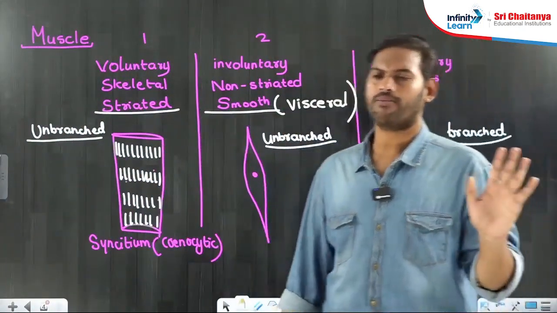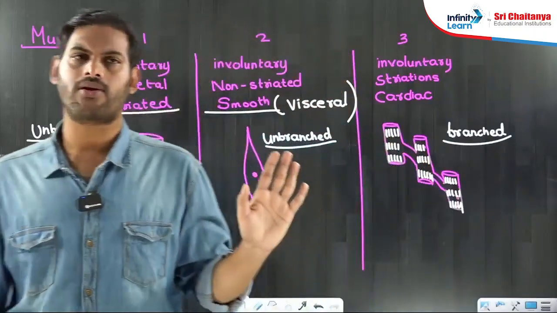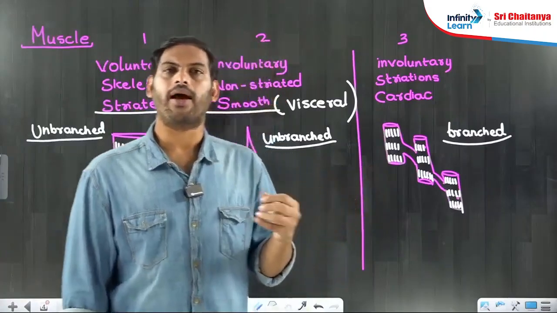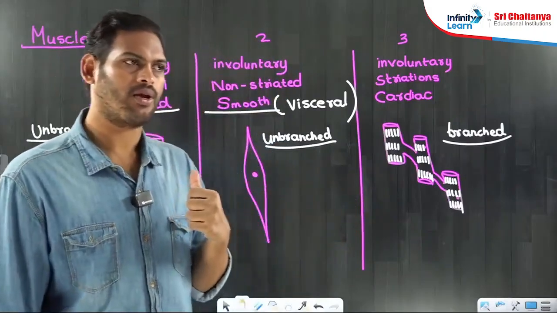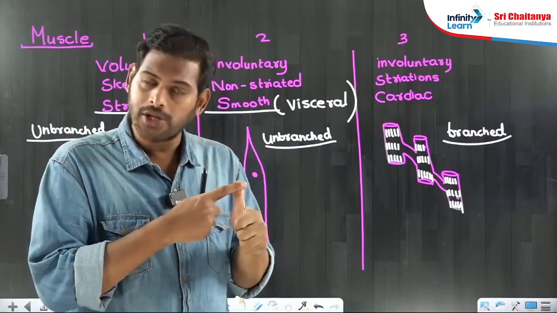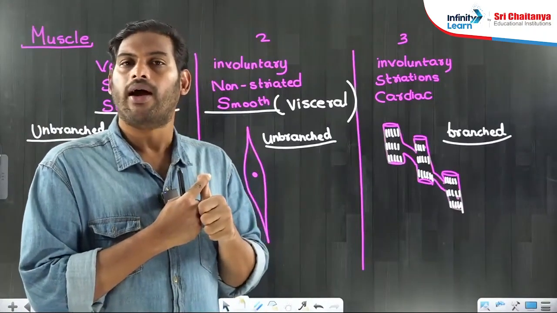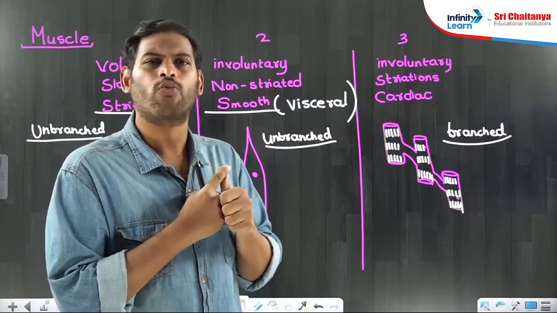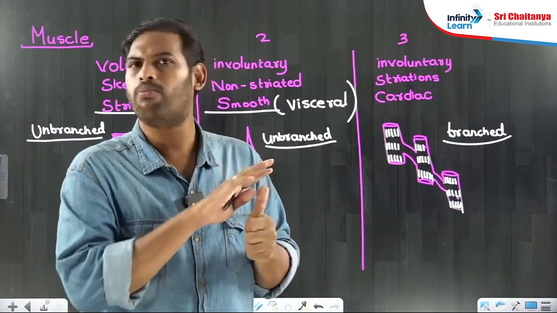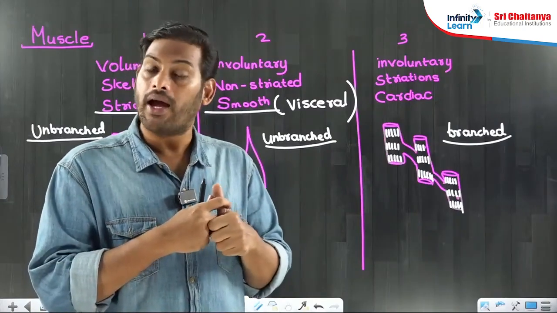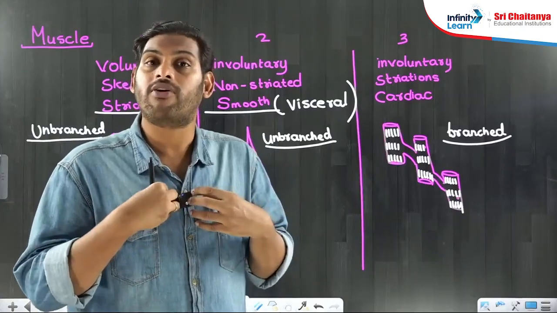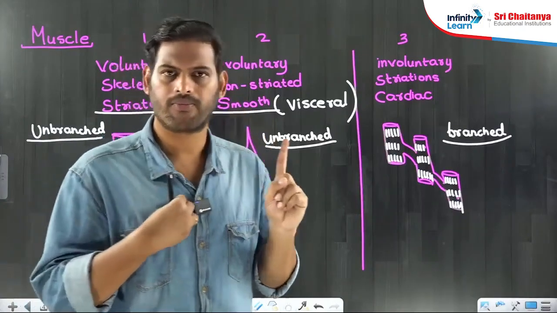I will ask you a question. Try answering this. Among these three muscles, which muscle has got striations, but is not voluntary and is not attached to any bone, and starts working when our life was just 1 month?